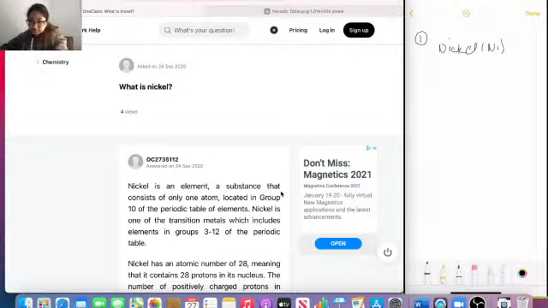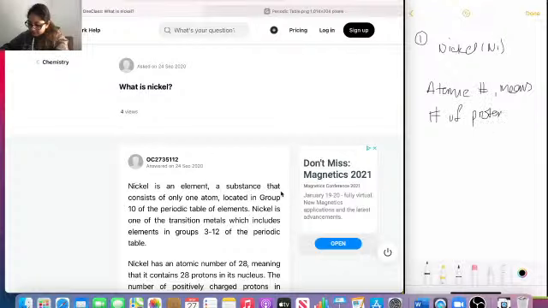It has an atomic number of 28. What we mean by atomic number is the number of protons, right?